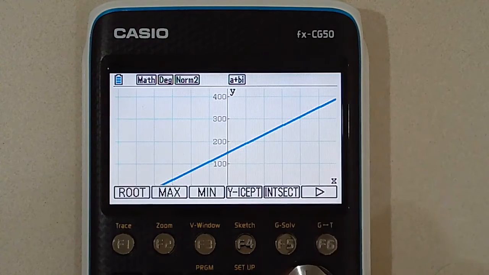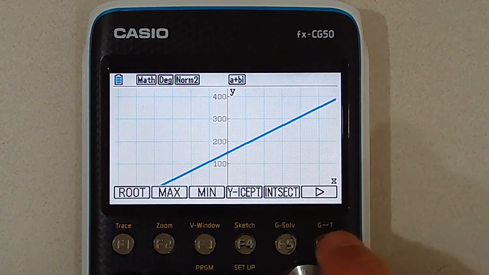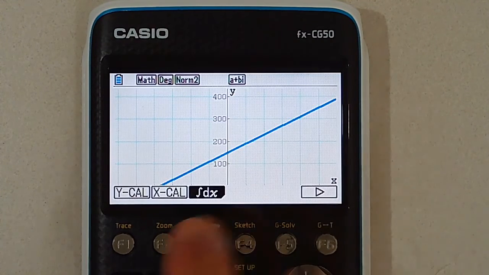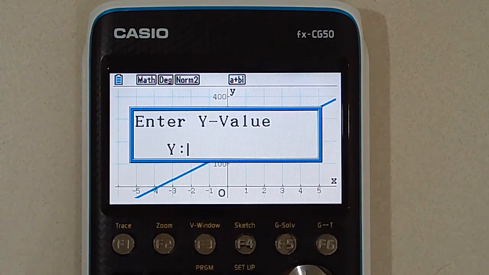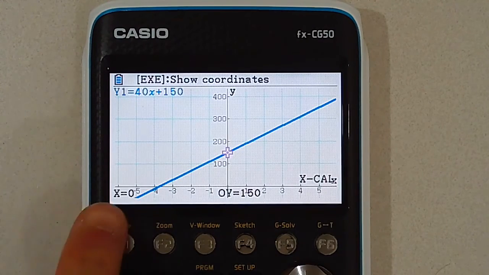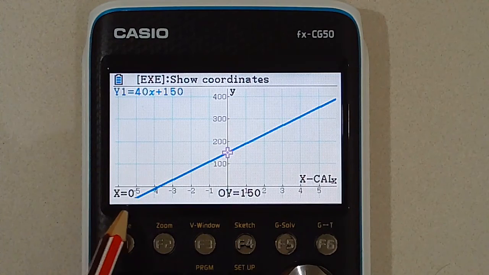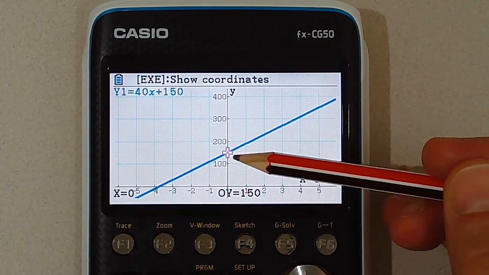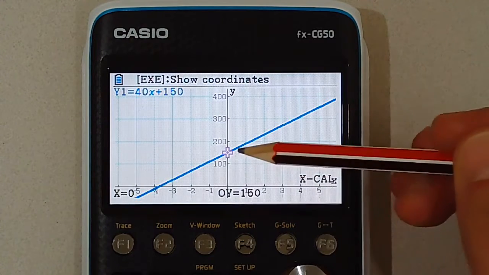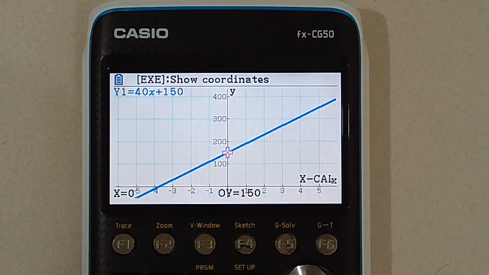Now we're going to use the solve function here, and we're going to calculate the x value. So we're going to enter in our y value. This is going to be the y, or the vertical intercept. We calculated 150 if you recall. And there's our solution there. So x is in fact equal to 0, and that's where the y-intercept, or the vertical intercept, occurs. It occurs when x is equal to 0. We get y is equal to 150.